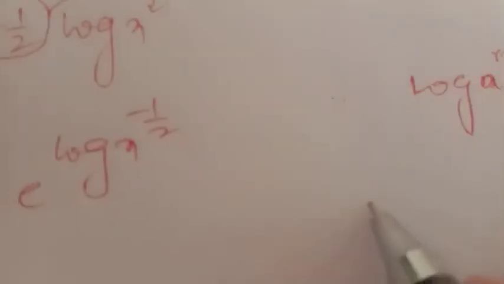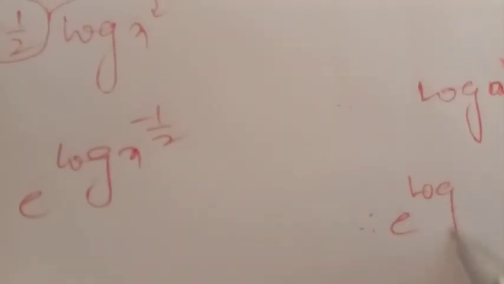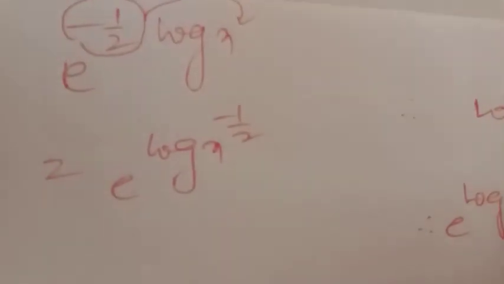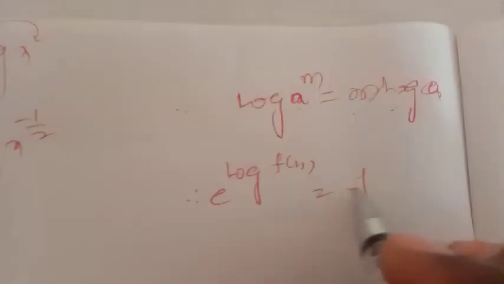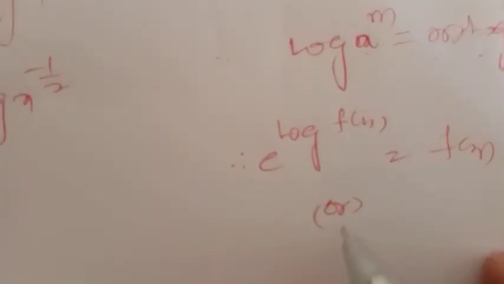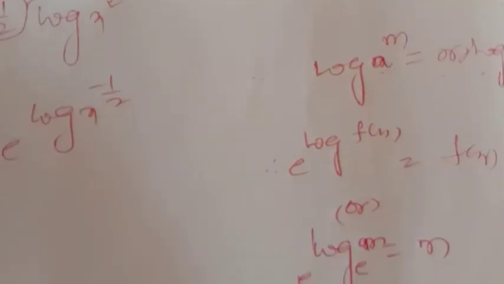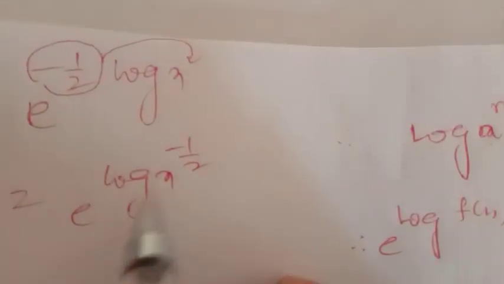Taking the power of x, that equals e power log x power minus 1 by 2. Here we have the formula e power log f of x equals f of x, or e power log base e of m equals m. Here exponential and logarithm get cancelled.